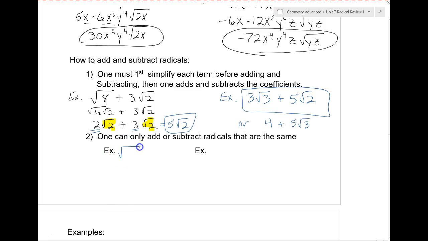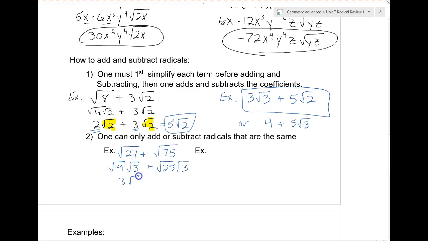Let's go the square root of 27 plus the square root of, let's go 75. Well, let's simplify each one of these first because that's step 1, right? Before I can do anything, I have to simplify them first. So I get square root of 9 times square root of 3 plus square root of 25 times the square root of 3.